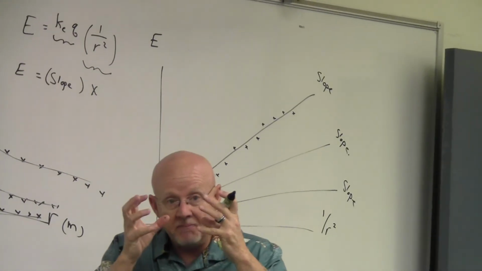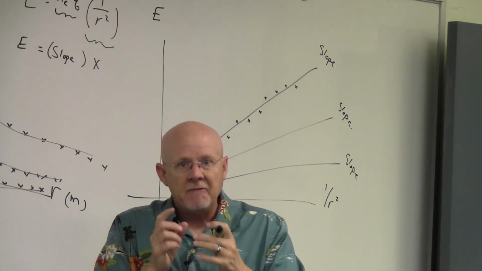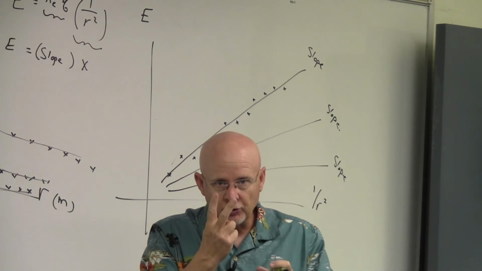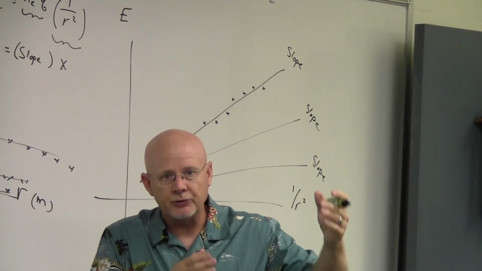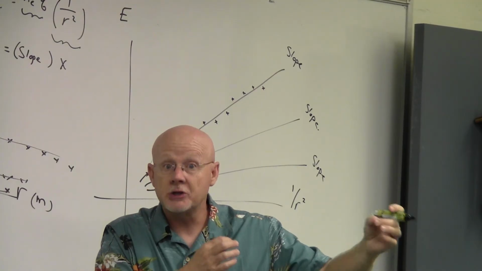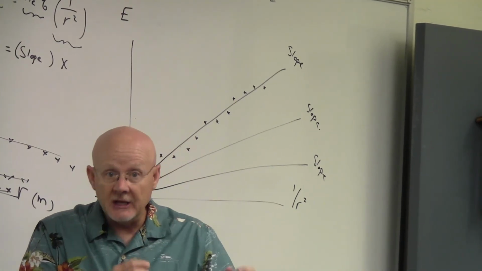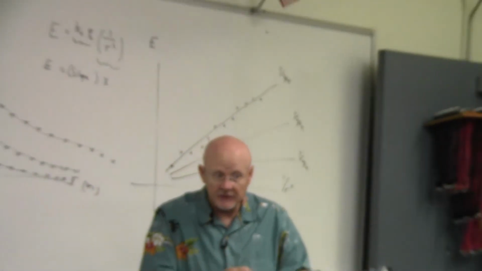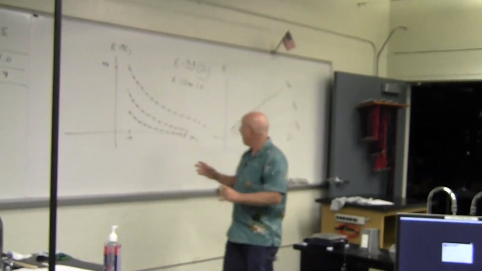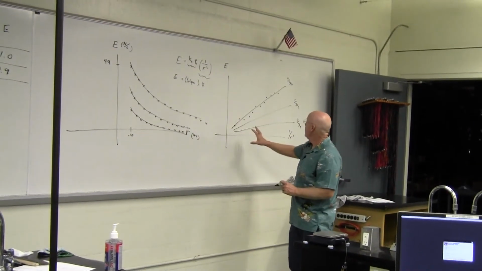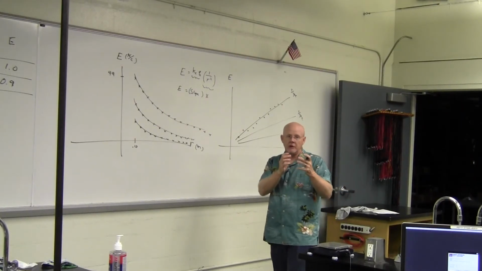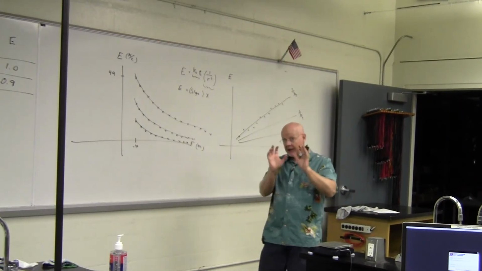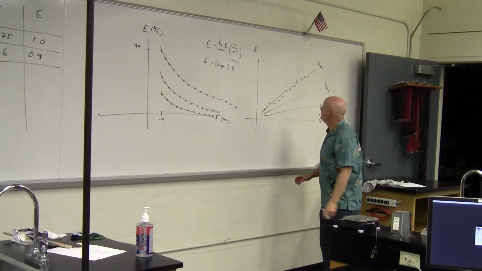You now have empirical evidence that these two things are true. Number one, the electric field decreases in proportion to 1 over r squared. The inverse square law of electricity, the title of the lab. And the second thing this graph is proving is that the field is proportional to the amount of charge on the sphere. That wasn't in the title, but that is what our data would be showing.